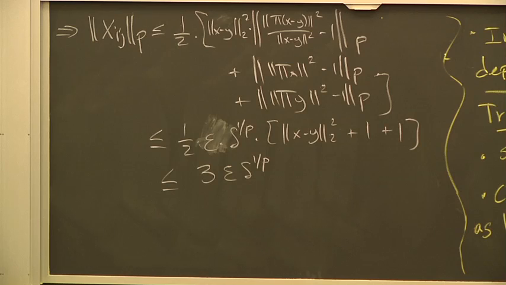Good. So what have we just shown? We showed that the p norm is at most 3 epsilon delta to the 1 over p. And what we actually cared about was the p norm squared, because the p norm squared is equal to that thing.